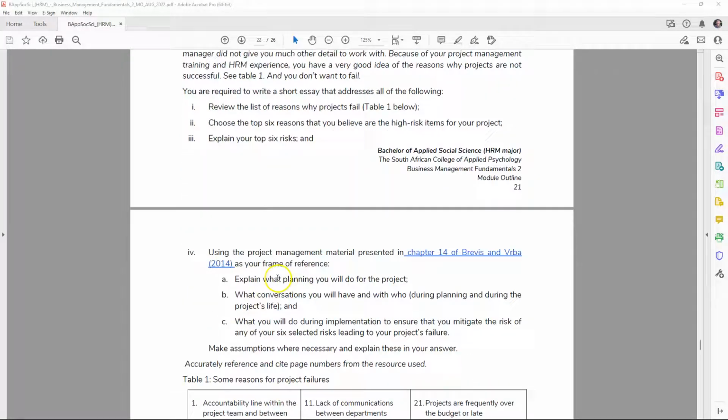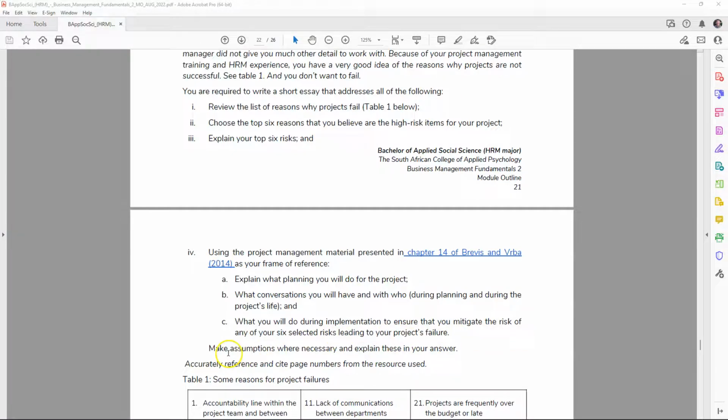Using the project material presented in chapter 14 of Brevis and Verbaar as your frame of reference, explain what planning you will do for the project, what conversations you will have and with whom during planning and during the project life, and then what you will do during implementation to ensure that you mitigate the risk of any of your 6 related risks leading to your project's failure.